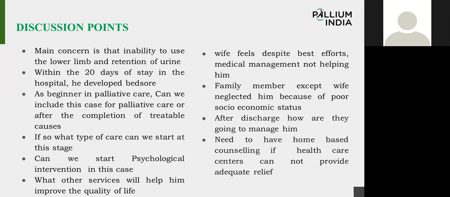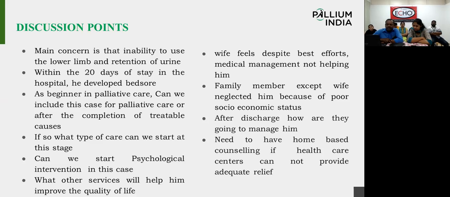That makes it complete, having a crisis plan in place. First of all, anticipating what kind of crisis this patient will develop in the home setting. And suppose they develop this, what are the things we can do immediately in the home, and where will they seek help in the event of crisis? That should be a very comprehensive care plan which we can have for this patient. Yeah, that's how I would approach this patient care. Okay, thank you, madam.